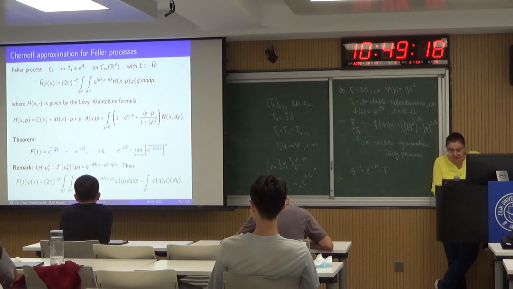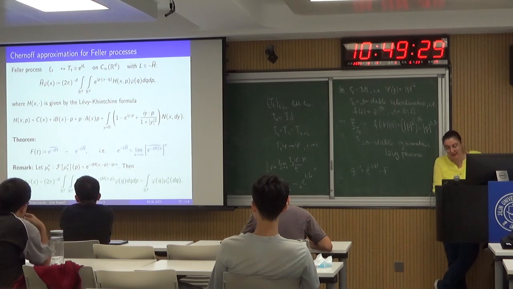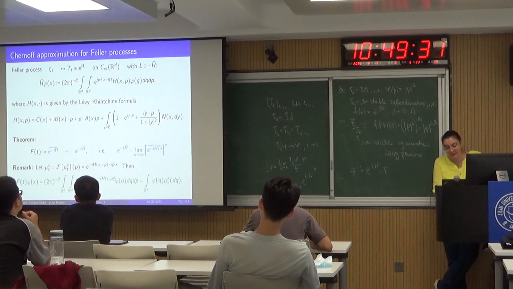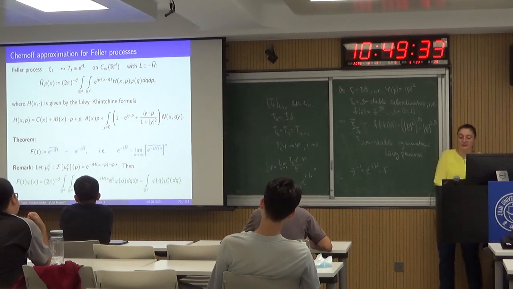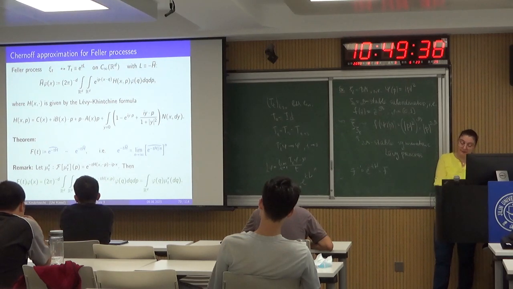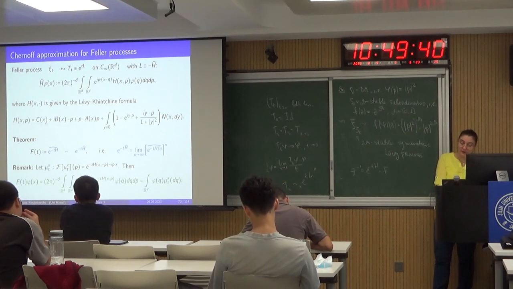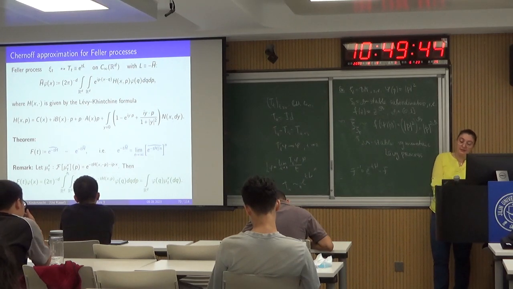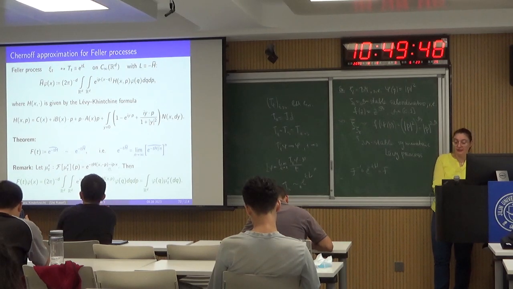Now I would like to take this part and add to the symbol, and I still obtain, with plus or minus, a function of this type. So there exists a measure, a subprobability measure, whose Fourier transform is given in this way.